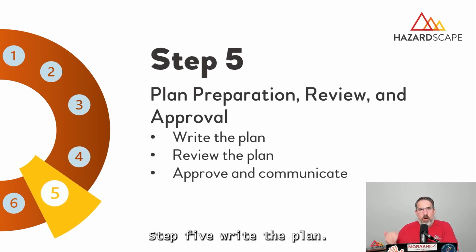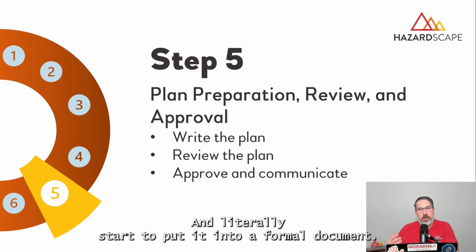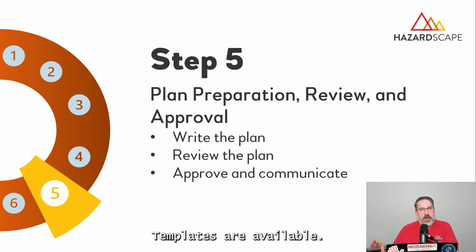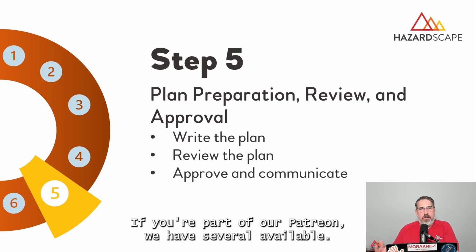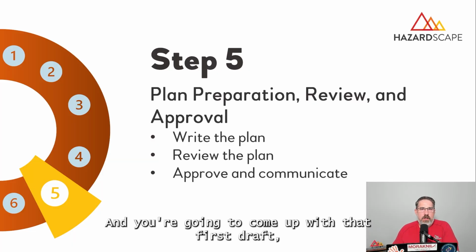Step 5, write the plan. Take all of the data and information that you've gathered in the first 4 steps and literally start to put it into a formal document. Templates are available. If you're part of our Patreon, we have several available. But this is where the rubber meets the road, and you're going to come up with that first draft.